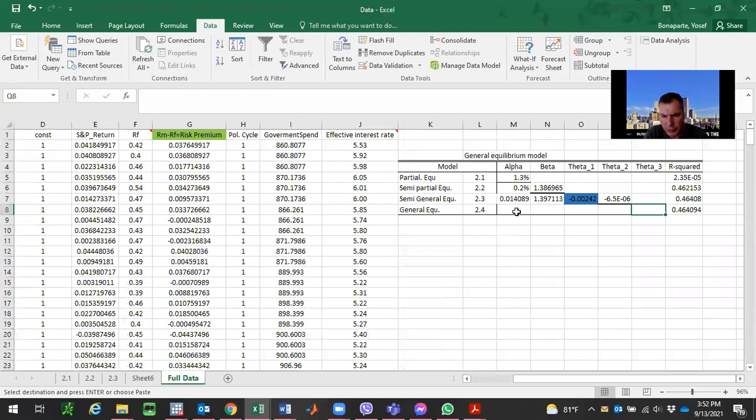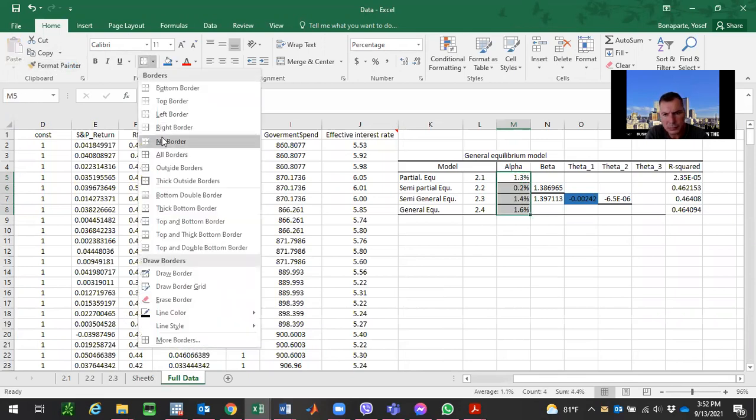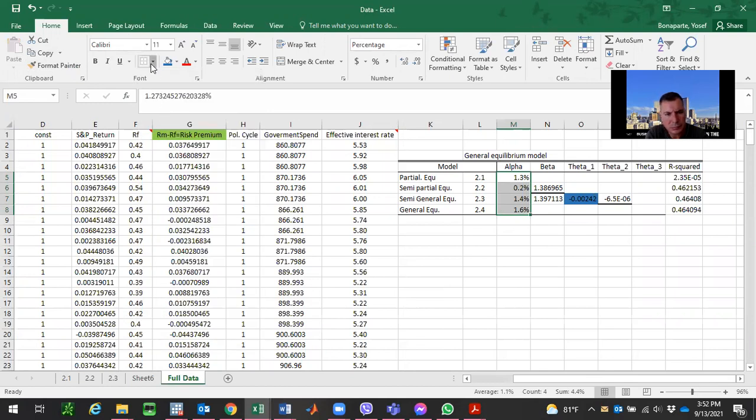The alpha is this. That's beta, pretty much the same.